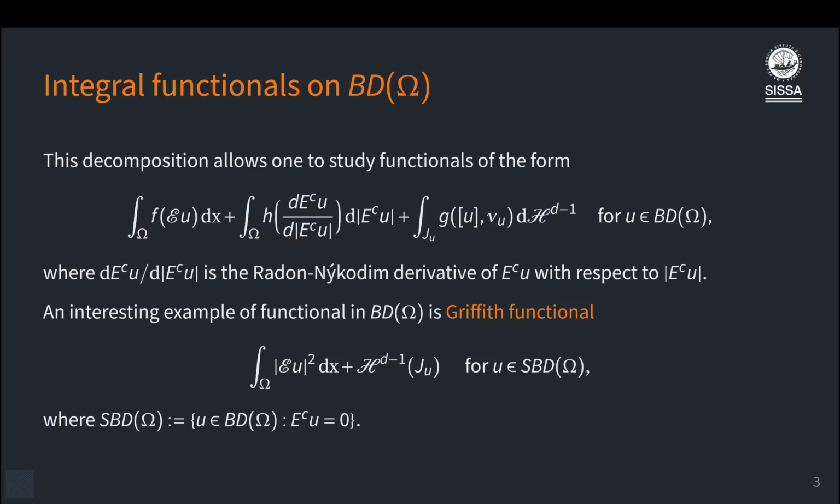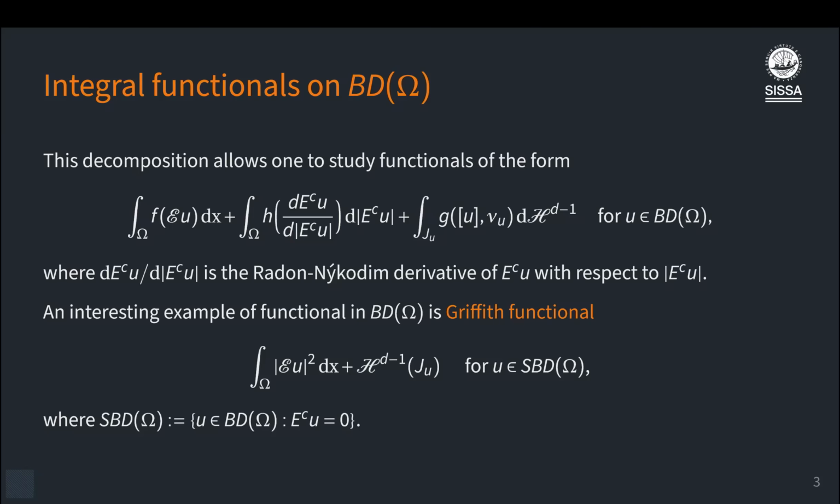And then Francfort and Marigo, at the end of the 90s, formulated this idea rigorously in a mathematical framework, and the key piece of this theory is minimizing this functional. One would want to minimize this functional with, for instance, Dirichlet boundary conditions, and that's the starting point for this theory.